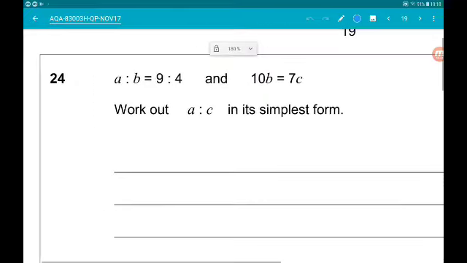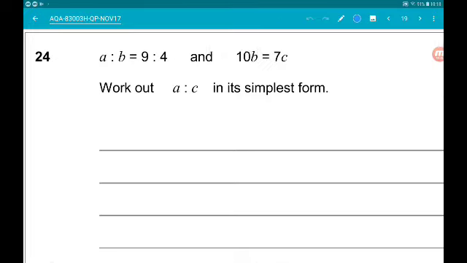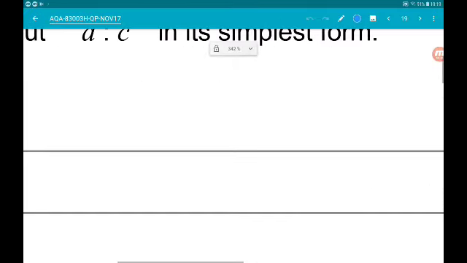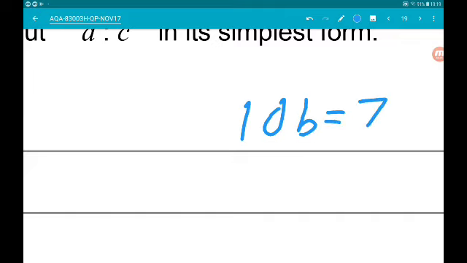So 10b is equal to 7c. Okay, so let's think about this. What's the first number that 10 and 7 both go into? It would be 70.